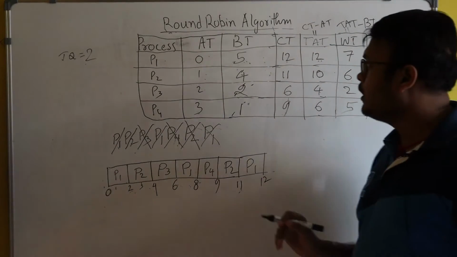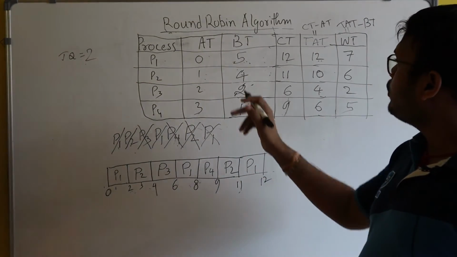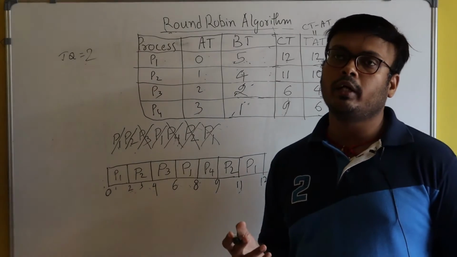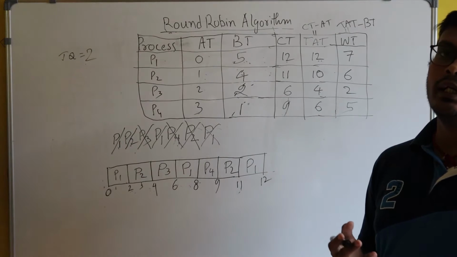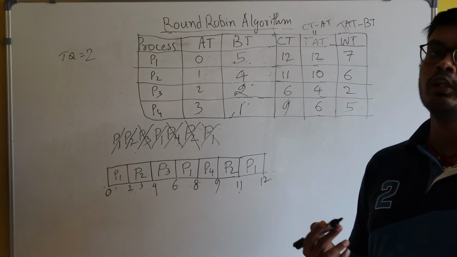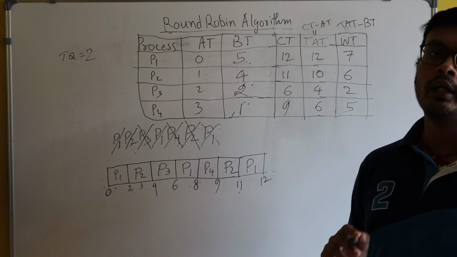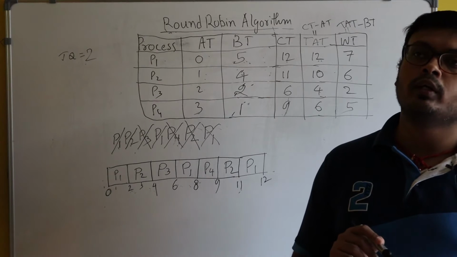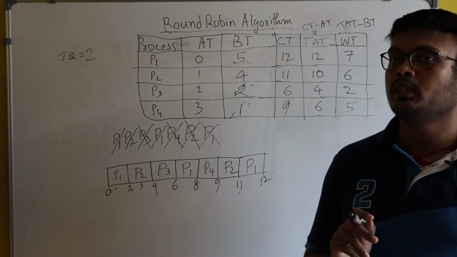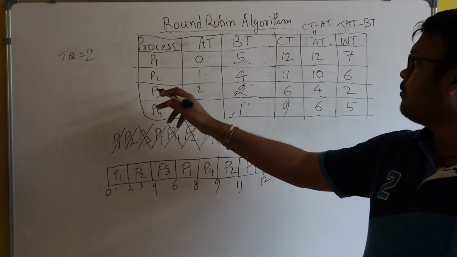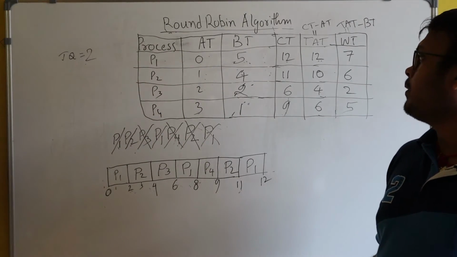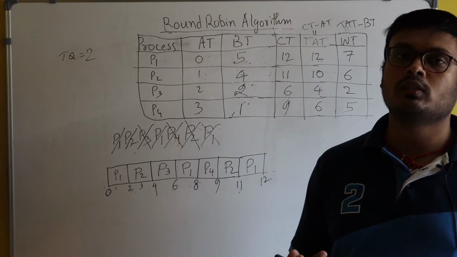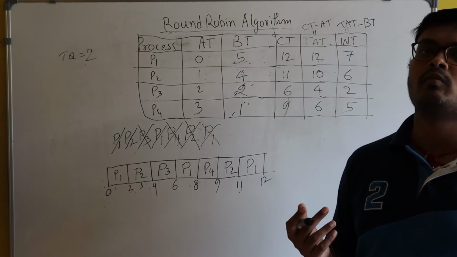These algorithms are practically implementable, unlike shortest remaining time first, because in that case, before the execution of the process you have to know the burst time, and it was very difficult to predict. Although there were some algorithms, it was still not practically implementable. But the RR algorithm is practically implementable because it doesn't depend on the burst time. Here every process will run for its time quantum.